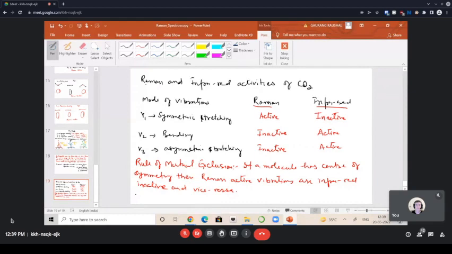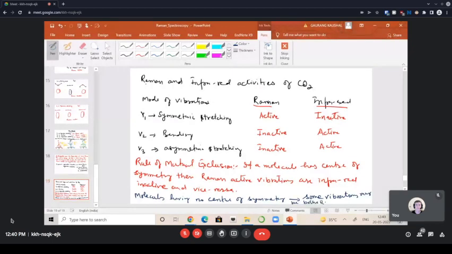For the molecule having no center of symmetry, some vibrations, not all actually, may be both Raman and IR active.